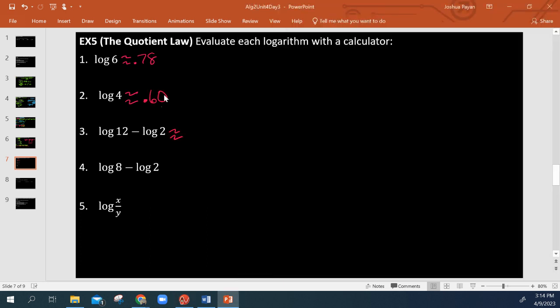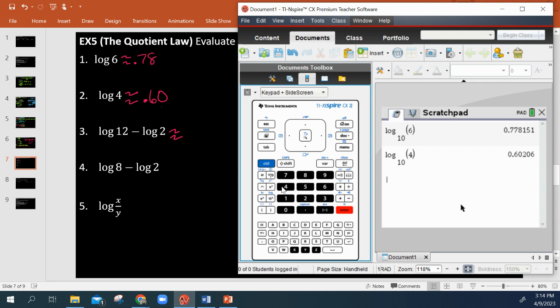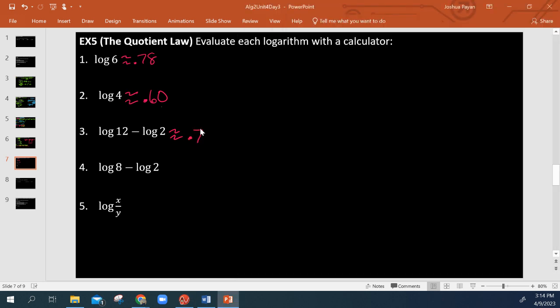Okay, so now let's look at what we get here on this third example. So log base 10 of 12 minus log base 10 of 2. Oh, we get about 0.78 again.